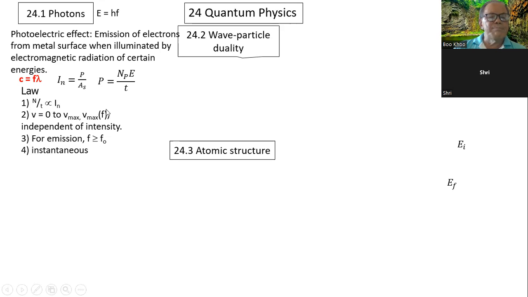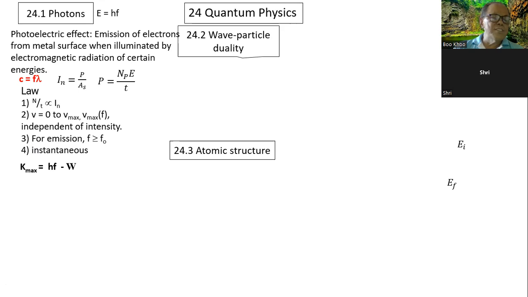And then V max is dependent on frequency, independent of intensity. Emission will occur if your frequency of electromagnetic radiation is greater than or equal to your threshold frequency. Then know that the emission is instantaneous. As soon as it shines, the electron is emitted from the surface of the metal.